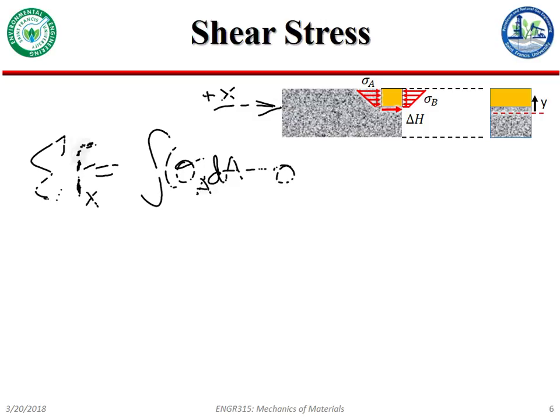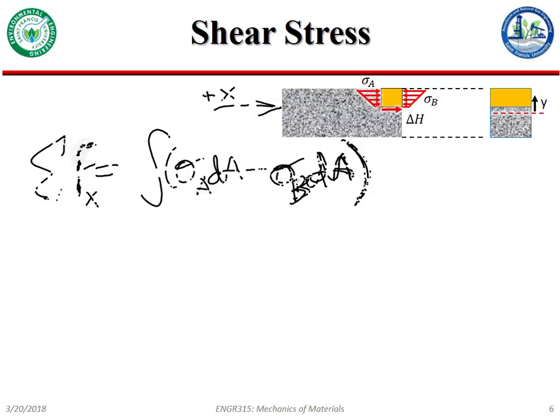And sigma b is going in the opposite direction, so minus sigma b dA. Come on, smartboard, you can do this. Okay. Minus some sigma b dA.